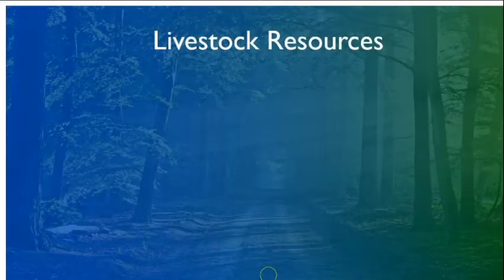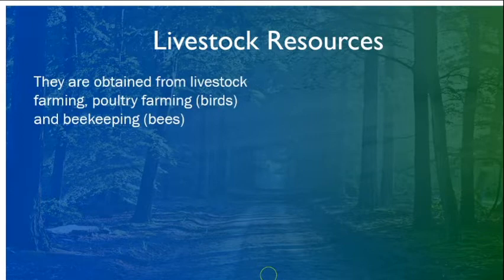So the first thing we're going to see are the livestock resources, okay? For the livestock resources, we need to understand that here in Chile, they are obtained from livestock farming, which is the farming of animals like cows, sheep, etc., horses.